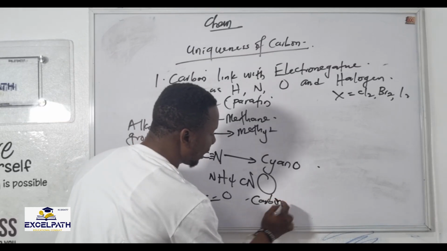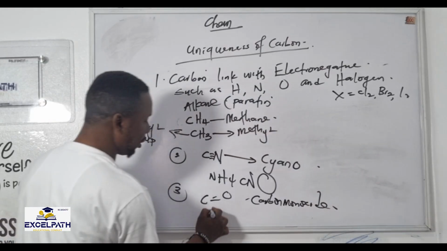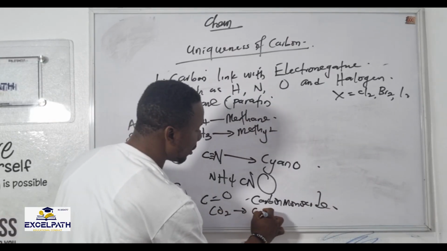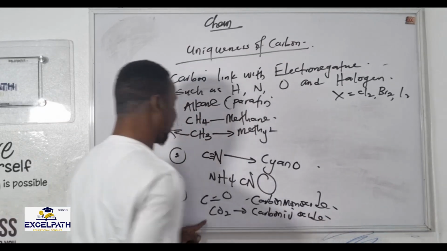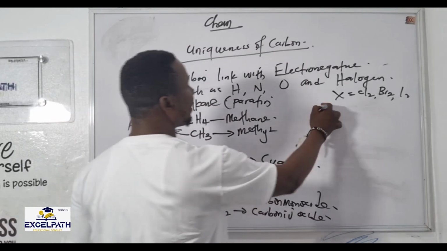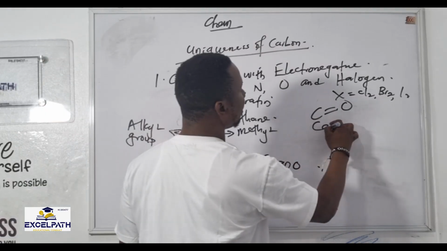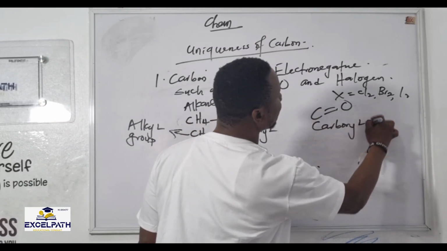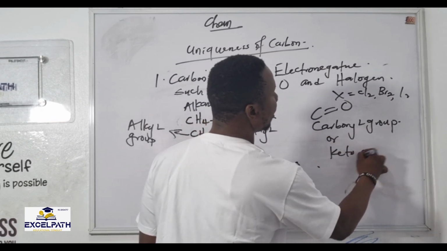If it links with CO2, that's carbon dioxide, an oxide of carbon. Although whenever you see CO in organic chemistry, it's not called carbon monoxide, it's called carbonyl. Carbonyl group, or you can also call it the keto group.